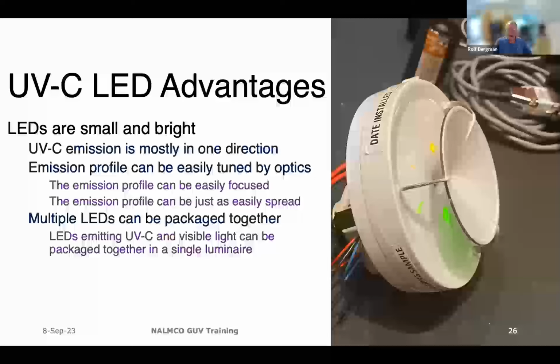There's an LED in the very center, just barely visible behind, and then there's a reflector that spreads the light so that the light actually comes out at 80 to 90 degrees. If this is mounted in the ceiling, then most of the light generated by the UV LED is above the heads of the people. So it's effectively out of direct contact.